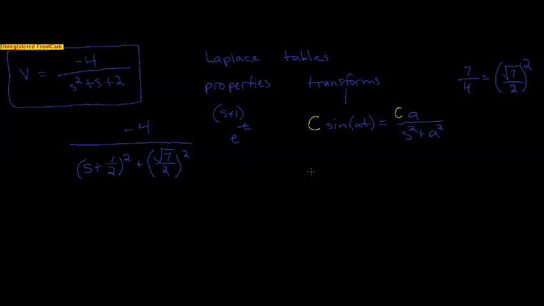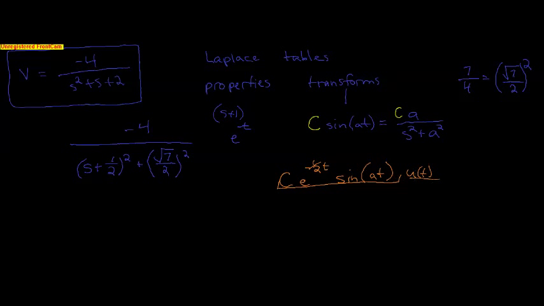So what we're going to have is a final answer that looks like some constant times e to the negative 1/2 t times the sine of at, times u of t.